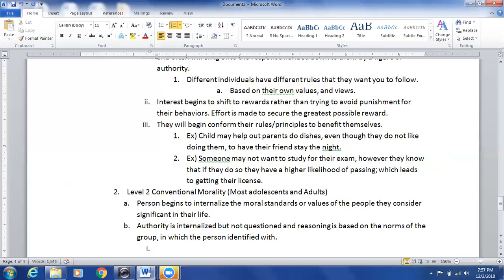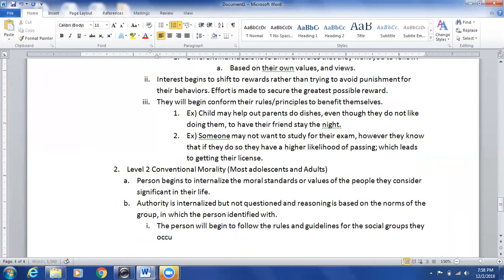So using more technical terms, the person will begin to follow the rules and guidelines for the social groups they occupy.